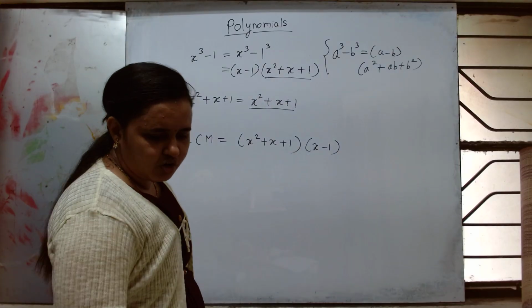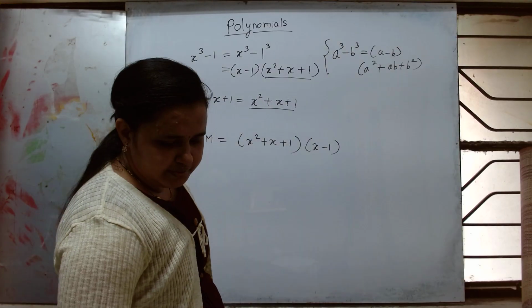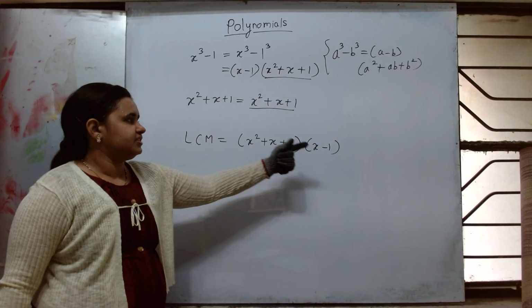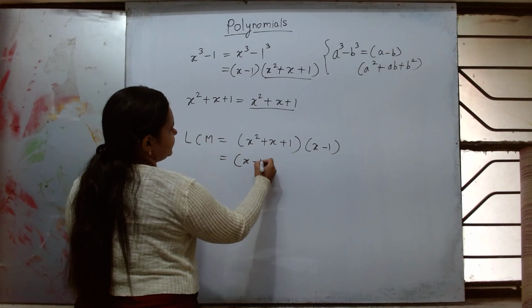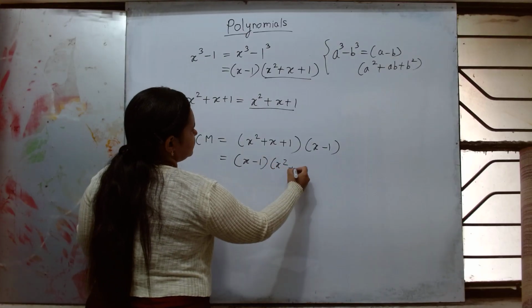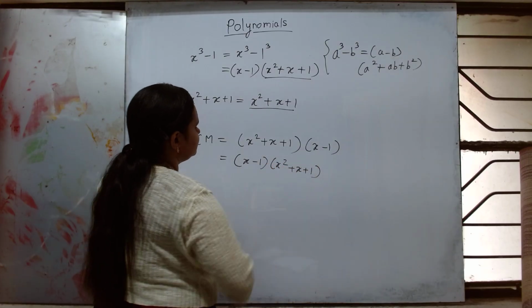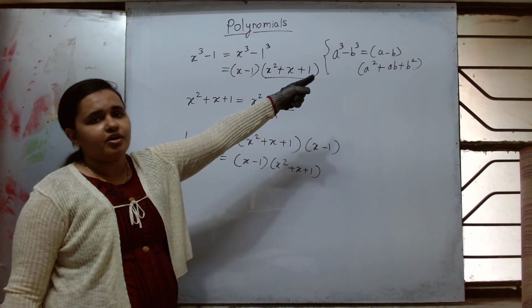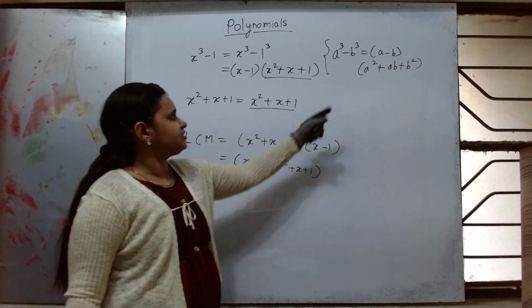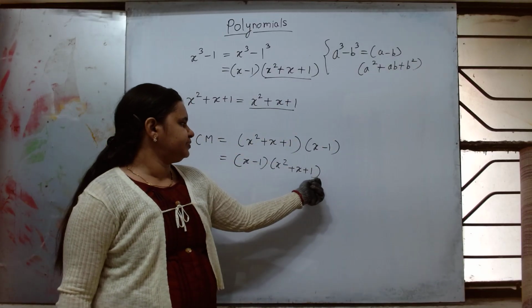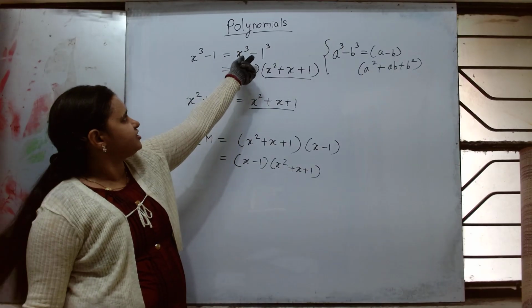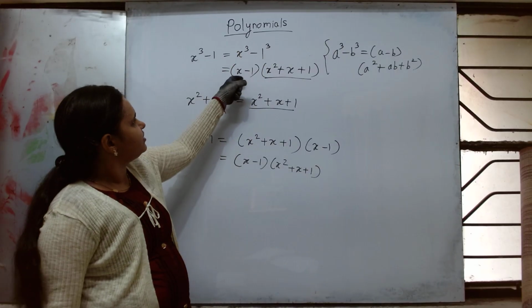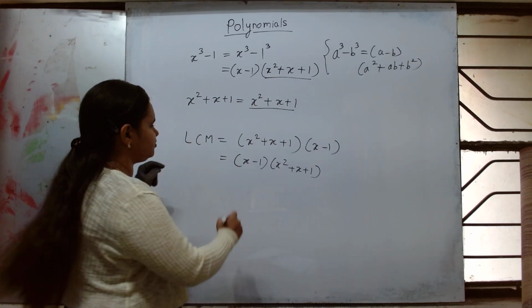But the options are not in this form, so we have to solve this. If I write x minus 1 first, then it will be x minus 1 into x square plus x plus 1. See, this is in the form of a minus b, a square plus ab plus b square. The expansion for this was x cube minus 1 cube. We have derived this from x cube minus 1 cube.